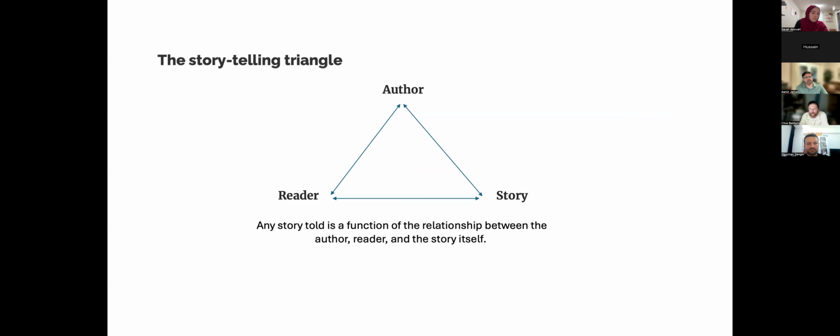Any story told is a function of the relationship between the author, i.e. the teller, the reader or the listener, and what they're telling. People tell stories in contexts, and those contexts shape what story gets told, and the form of the story that gets told.